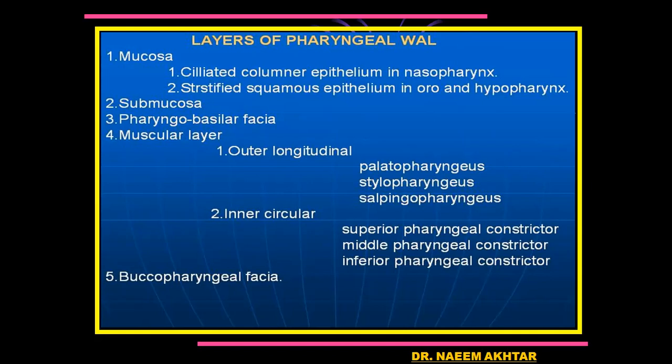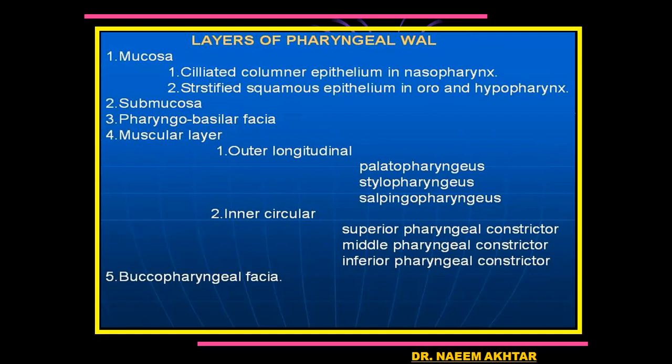Outer to the mucosa is the second layer, that is the submucosa. Outer to the submucosa is the pharyngobasilar fascia. The fourth layer is the muscular layer, which consists of two types of layers. Outer longitudinal layer, the inner one is the circular layer of muscles.